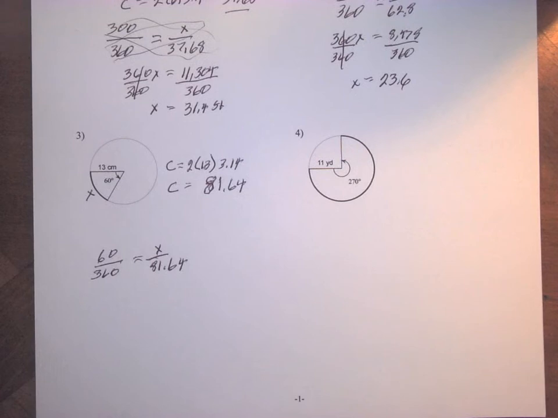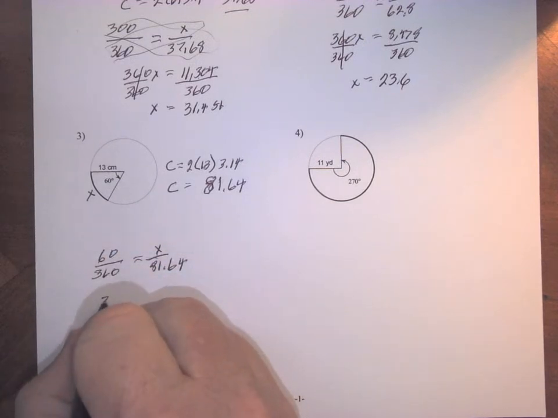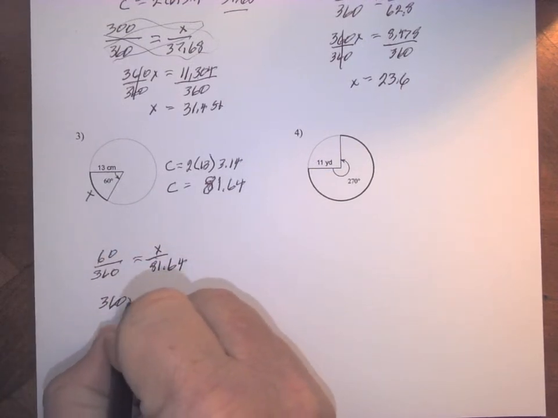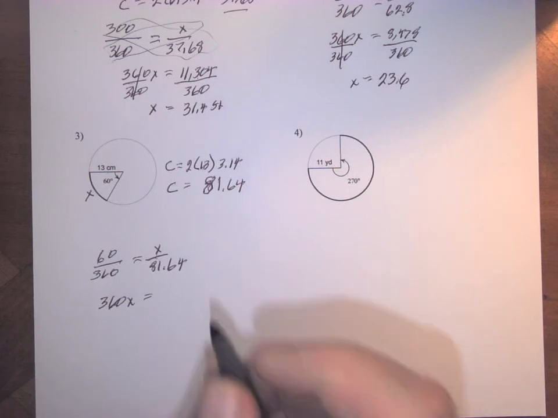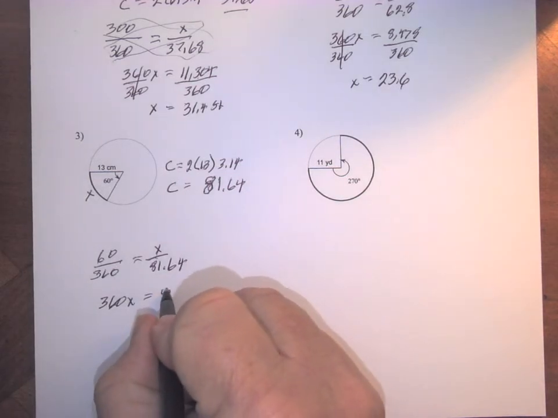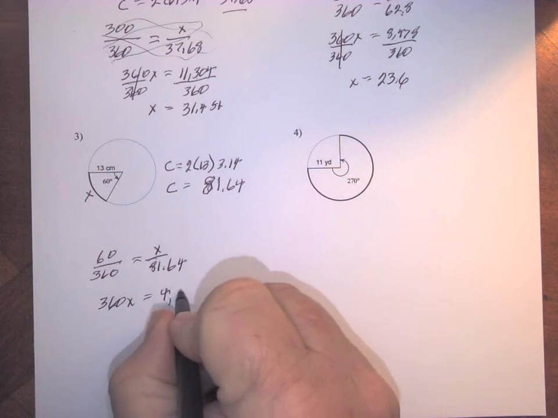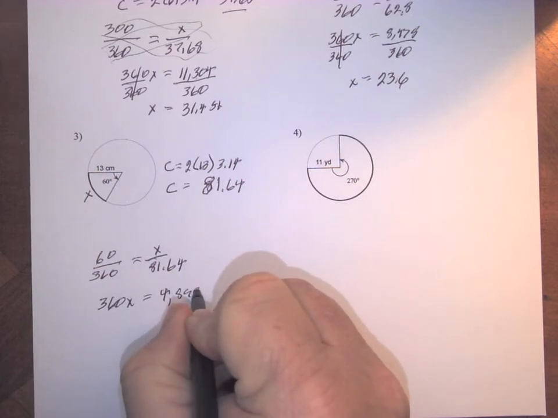Let's just cross multiply, and we get 360x is equal to 81.64 times 60, which is equal to 4,898.4.